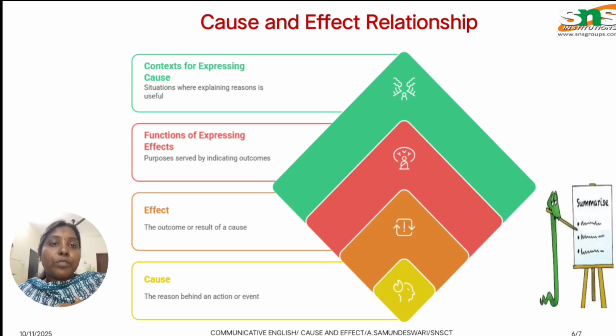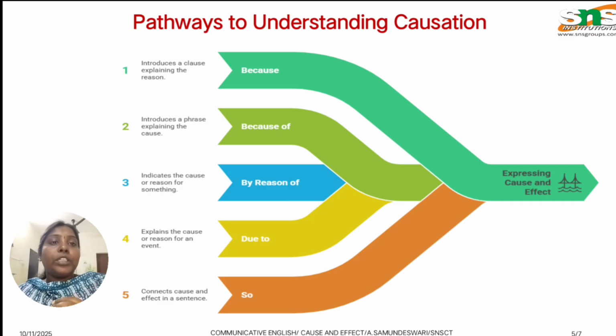So now we'll look at the slide here: context for expressing cause. These are situations where explaining reasons is useful, and effect will be the result of a cause. So we'll move on to the pathways to understand causation. As I told you already about the possible expressions we can use to connect the sentence, because can be used to introduce the cause, explaining the reason.